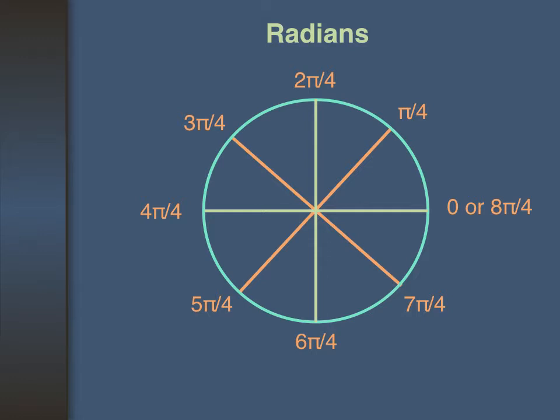We have pi over 4, which also equals 45 degrees, but let's just try to think about radians here. Then we have 2 pi over 4, 3 pi over 4, 4 pi over 4 is the same thing as pi radians, 5 pi over 4, 6 pi over 4, 7 pi over 4, and back at the starting point, it's 2 pi or 8 pi over 4 radians. So that's what our pi over 4 family looks like.